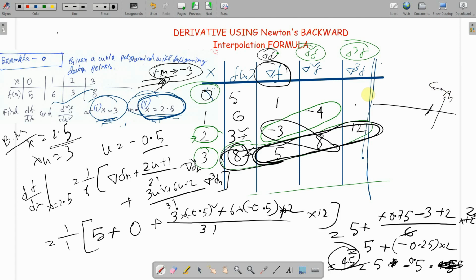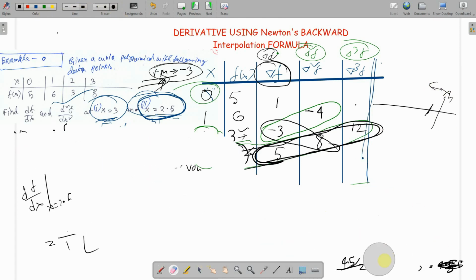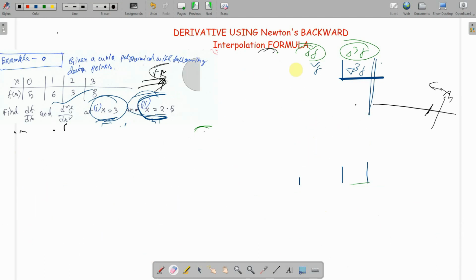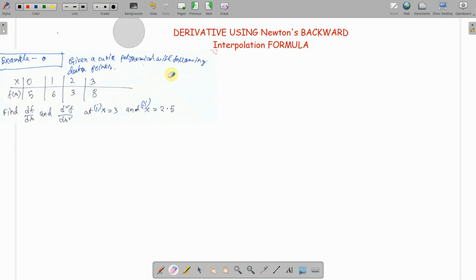Okay, now find me the value of d2f dx2. I am asking this, so tell me. Let's do it.